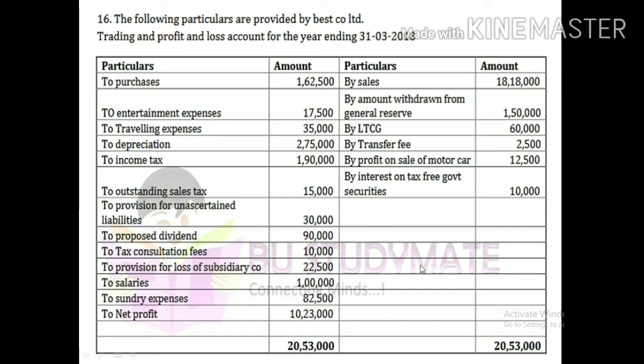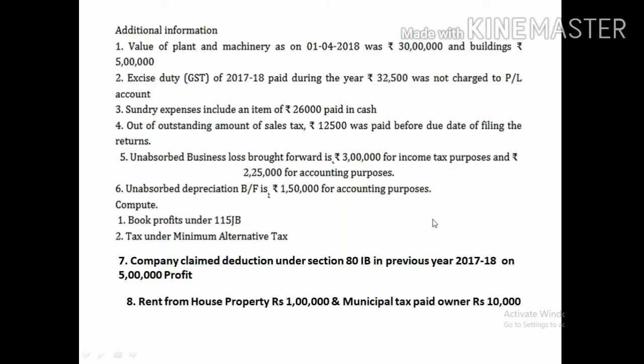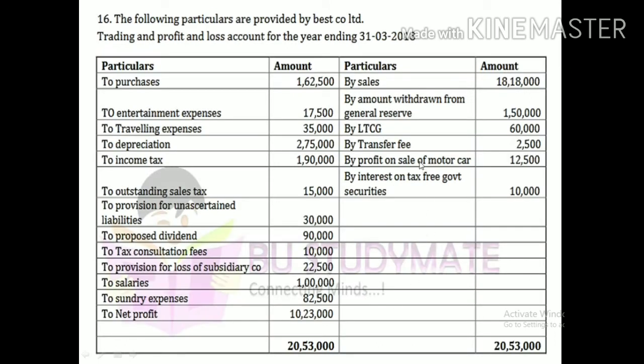Less: inadmissible incomes already credited, then allowable expenses not yet debited, which is given in adjustment. First we'll go for inadmissible incomes already credited.